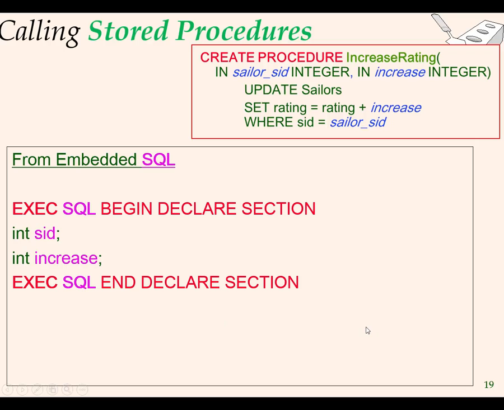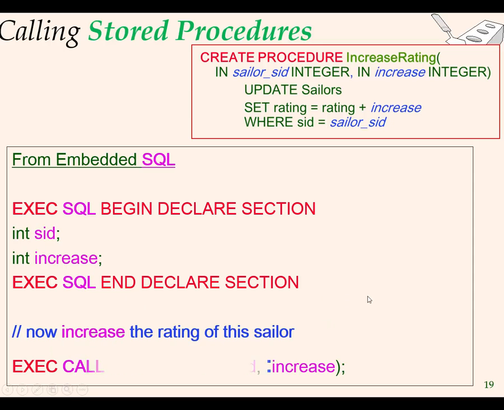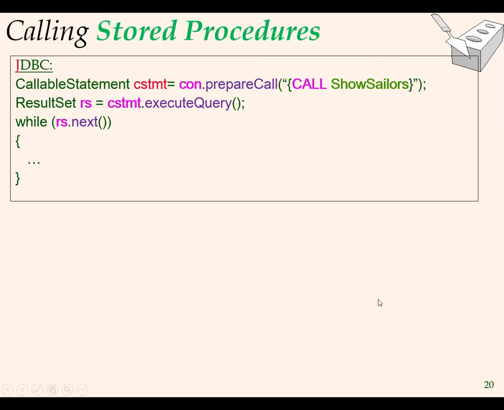So instead of open brace, they use all these. So you want to actually increase the rating for this sailor, and you are going to invoke it. So you exec call increase rating, and you are going to pass the SID and the increase. This will execute in the database, and voila, you are modifying that.